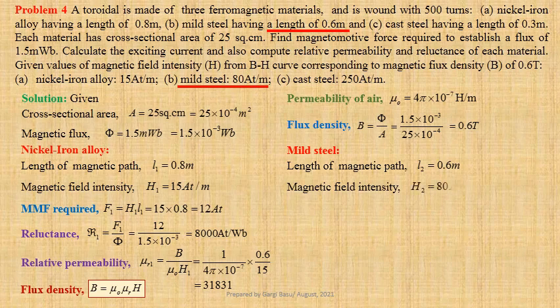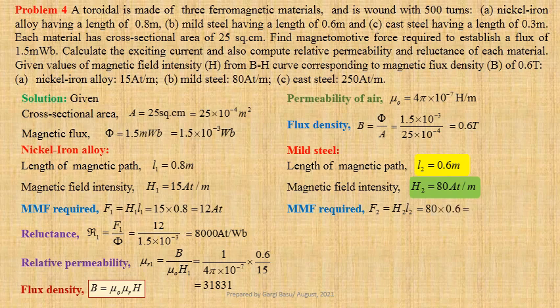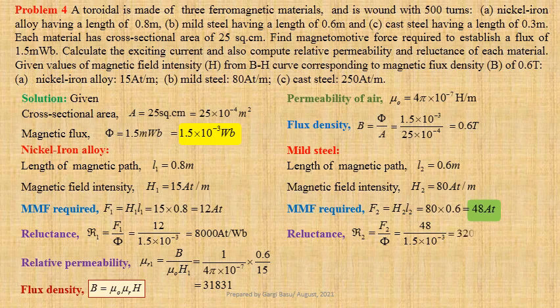For mild steel, given length of magnetic path L2 equals 0.6 meter and magnetic field intensity H2 equals 80 ampere turns per meter. Let us now determine MMF required. F2 equals H2 into L2. Using values we get 80 into 0.6, that gives us 48 ampere turns. Reluctance R2 equals F2 divided by phi. Using values we get 48 divided by 1.5 into 10 to the power minus 3, that gives us 32,000 ampere turns per Weber.